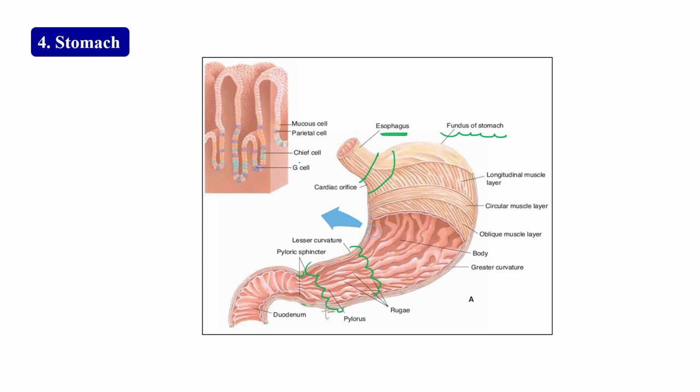Those are able to release certain kinds of secretions like mucus secretion, HCl, hydrochloric acid, right? Chief cells are there, G cells are there, mucosal cells are there. So these cells are mainly involved in various kinds of secretions present in the stomach for the digestion of protein and other elements of our food. Clear?